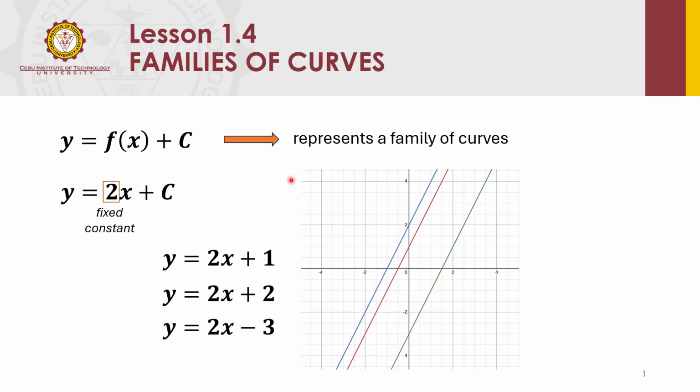They have the same slope, as you can see. The slope is equal to 2. We usually use letter m for the slope. So m is what we call a fixed constant, while c is what we call the arbitrary constant. We can assign any value to c, forming different members of this family of lines.